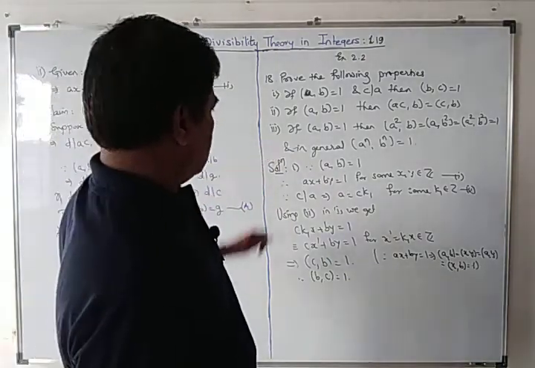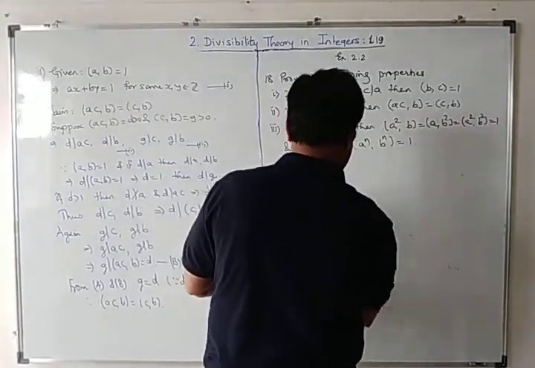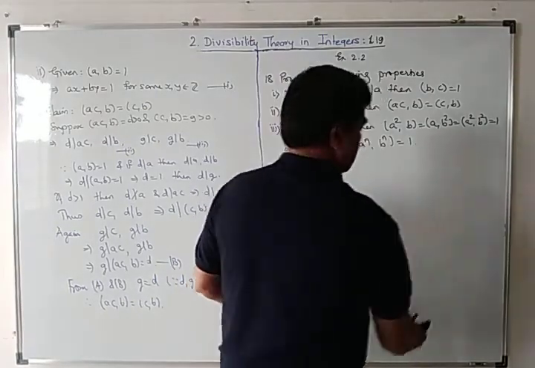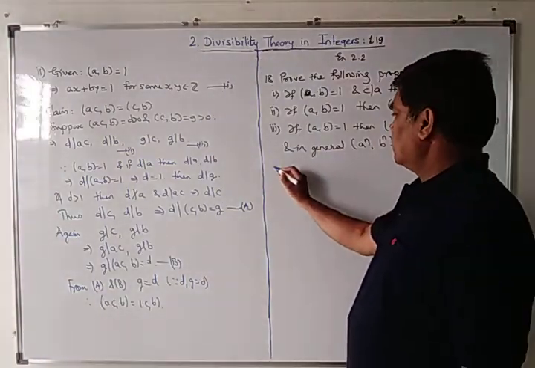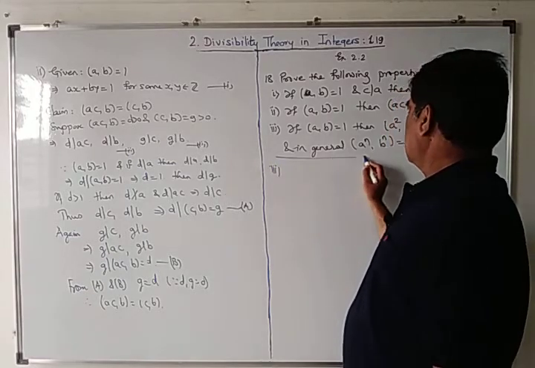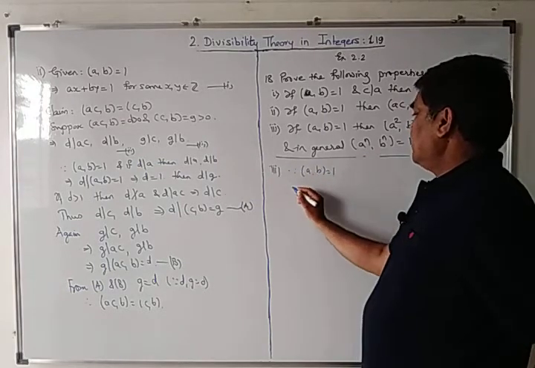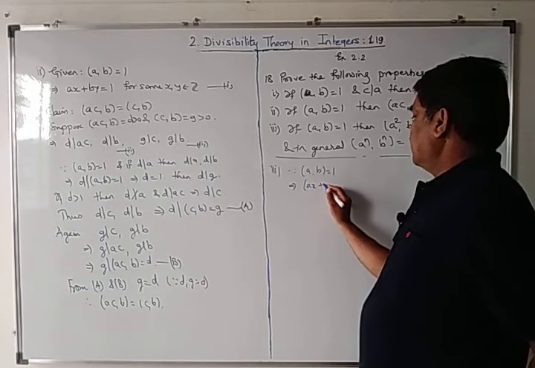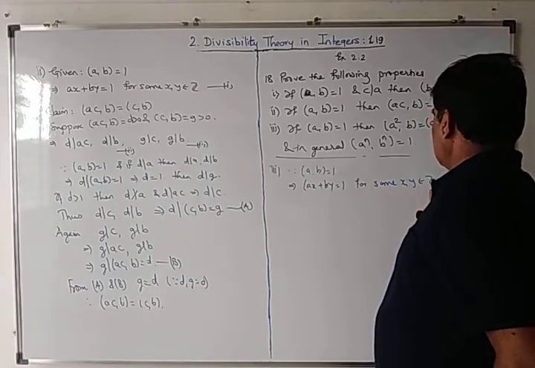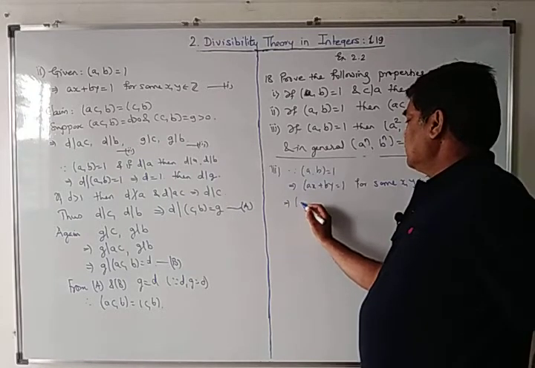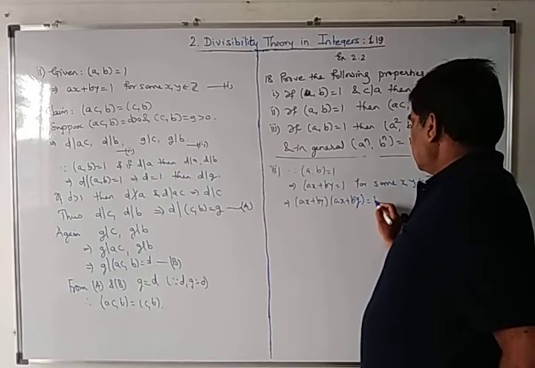Now we have to prove third. GCD of A, B is equal to 1 implies Ax plus By is 1 for some x, y belongs to Z, which implies (Ax plus By) into (Ax plus By) is equal to 1 into 1.